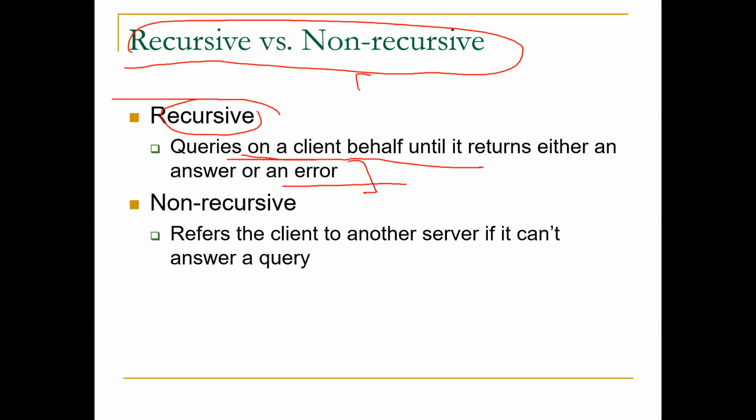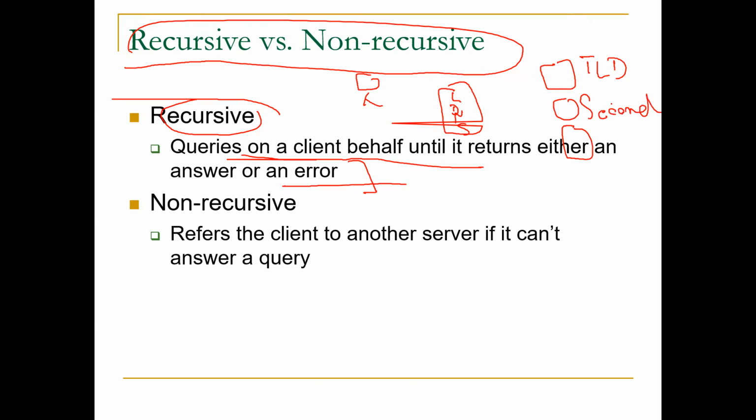Whenever your workstation goes to the LDNS, or further to the top level domain and the second level domain, a recursive query keeps querying on the client's behalf until it returns an answer, and until it has an answer, it will not give you anything.